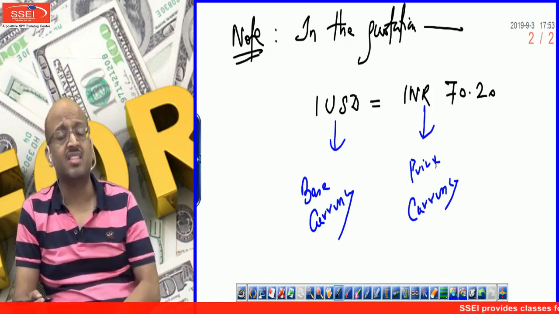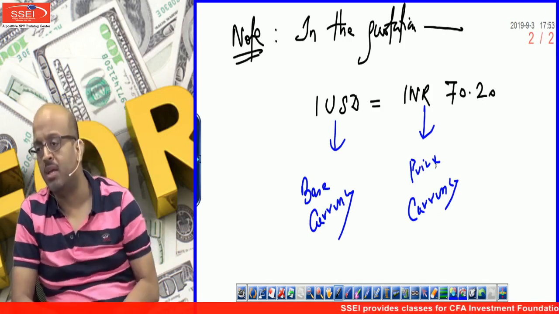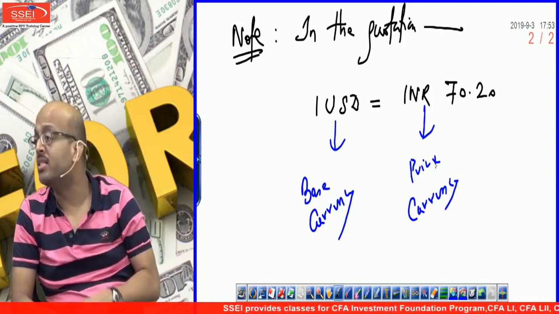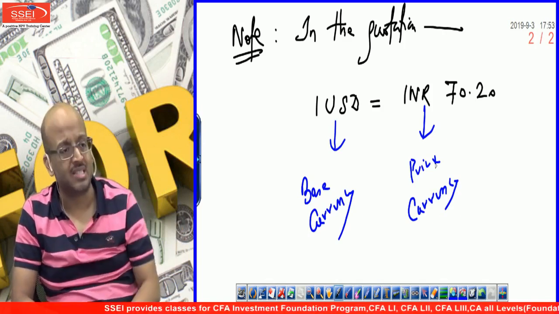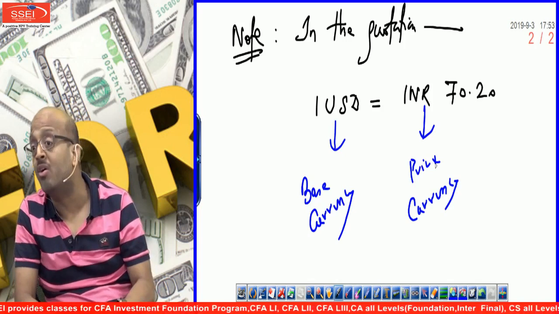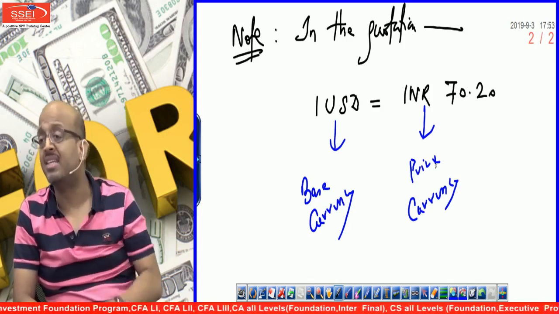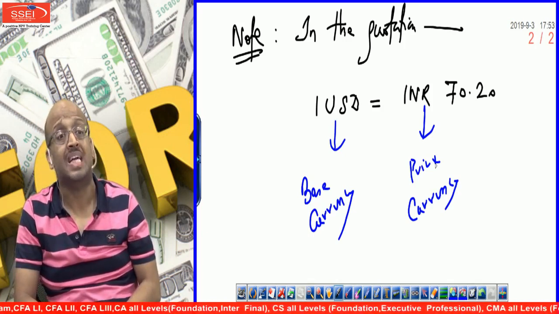Now listen to something. If the exchange rate is given in this manner, 1A is equal to so many units of B, or 1X equal to so many units of Y, then there is no confusion in this world regarding whose price we are talking about. But if the quotation is given as A by B, with an oblique sign, then there are two different styles in which the world interprets it.